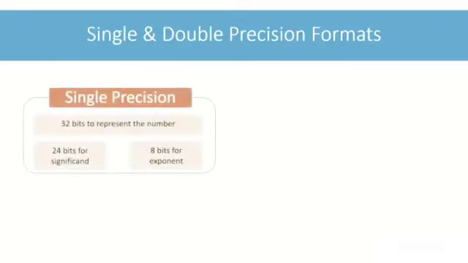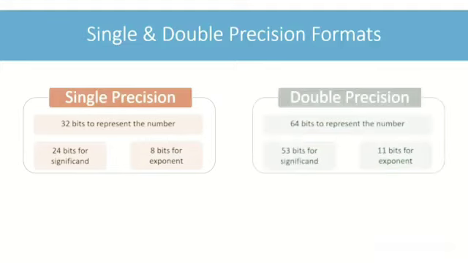Single precision format uses a total of 32 bits to represent the fractional number. Out of that 32 bits, 24 are used to represent the significand and 8 bits are used to represent the exponent. Double precision format uses a total of 64 bits to represent the fractional number. Out of the 64 bits, 53 bits are used to represent the significand and 11 bits are used to represent the exponent.